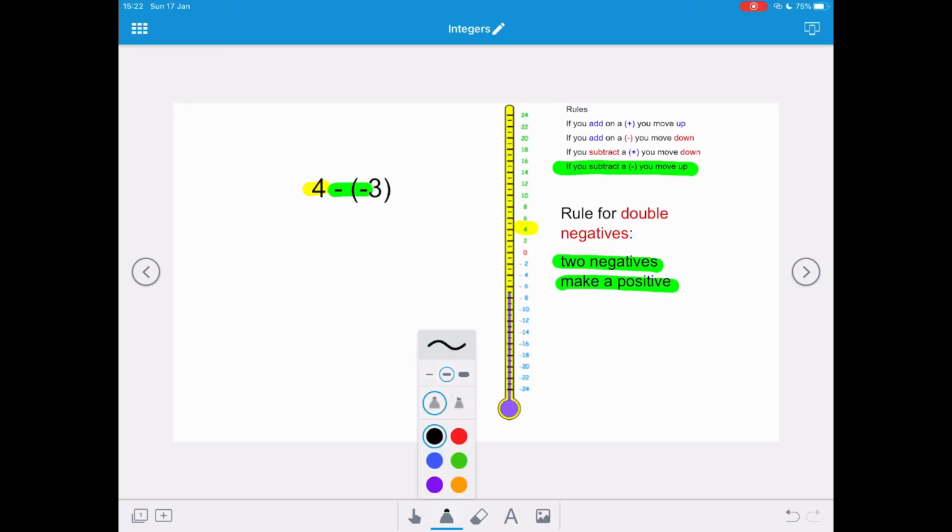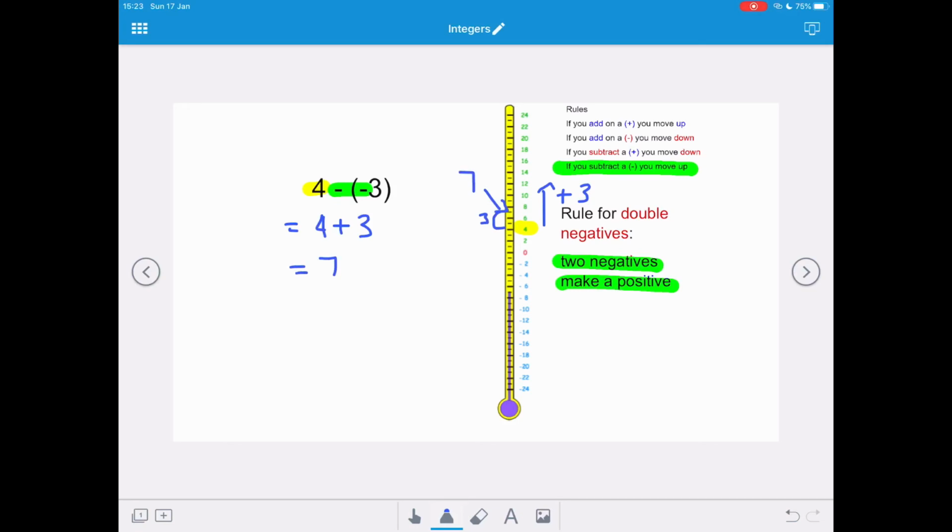And we can rewrite this with a single operation. Because we're moving up the number line, we know that we're adding on 3, as 4 plus 3. And 4 plus 3 is a straightforward calculation, giving us a value of 7. So 4 take away negative 3 equals 7.